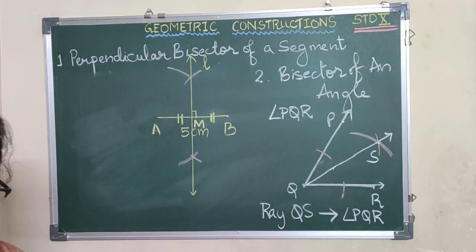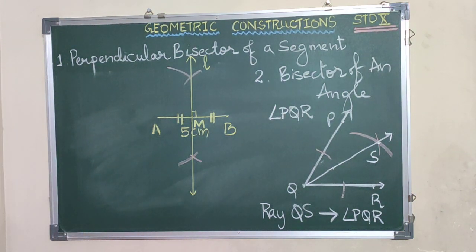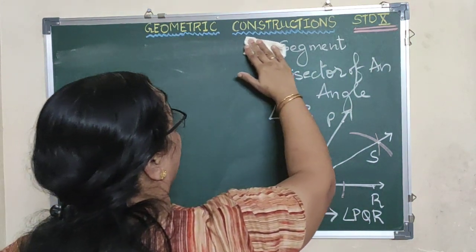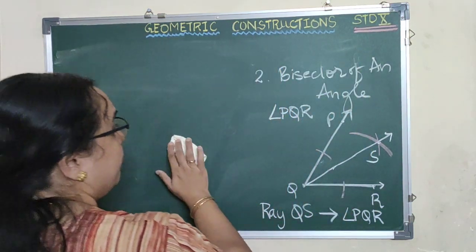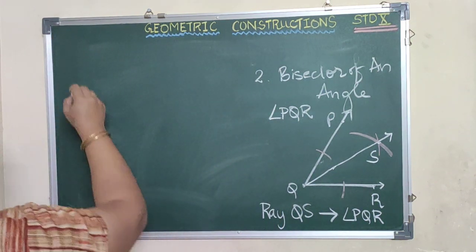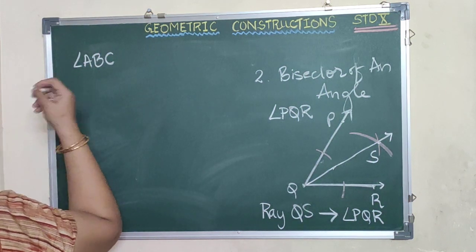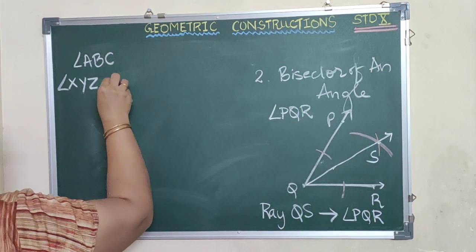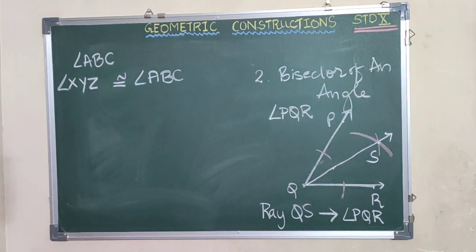Is that very clear? Now after doing the two basics here, we go further to the next basic, that is to draw a congruent angle. So what I do is I take the help of one angle which is already drawn for me, angle ABC, and I would like to draw angle XYZ congruent to angle ABC, wherein I need not know the measure of ABC.